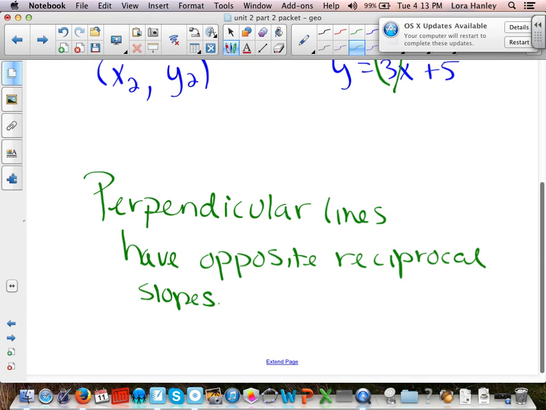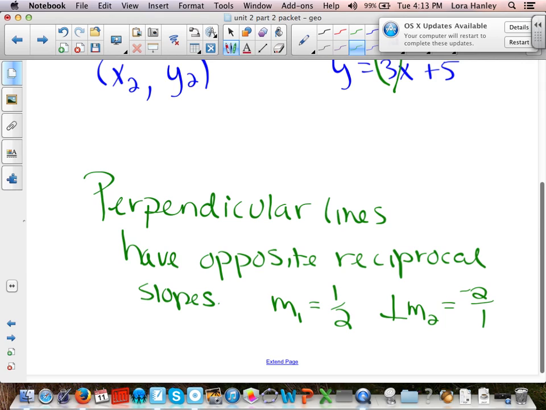For example, if we know one line has a slope of 1/2, the second line, if it's perpendicular, or the perpendicular slope, would be -2 over 1. So flipping that fraction and changing the sign.